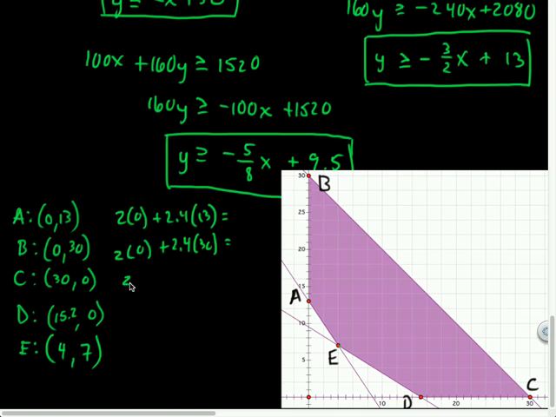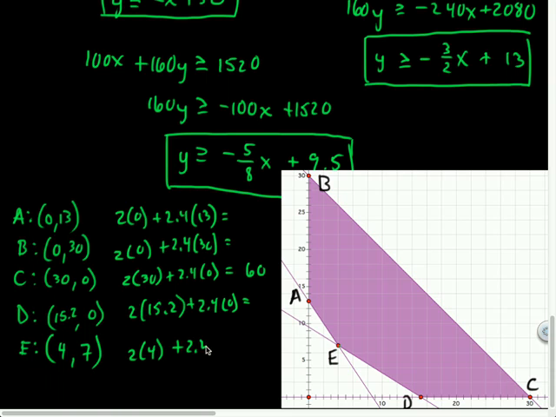I would do 2 times 30 plus 2.4 times 0. That one's going to be 60 right off the bat, I know that. We could do 2 times 15.2 plus 2.4 times 0. And we could do 2 times 4 plus 2.4 times 7.